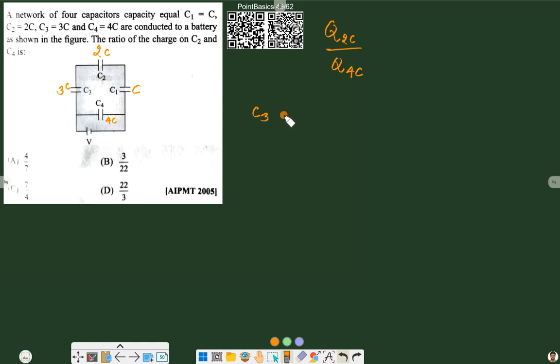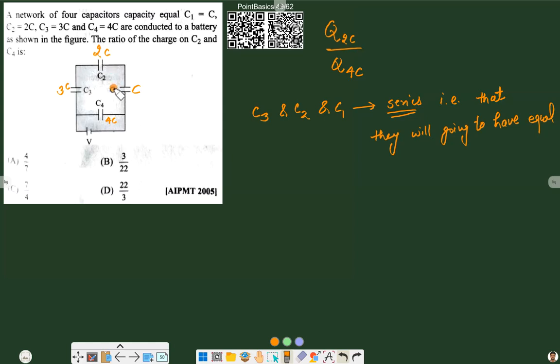It means that they are going to have equal charge. So all of these are in series. It means all of these are going to have equal charge. The charge on C3 will be equal to charge on C2 will be equal to charge on C1.